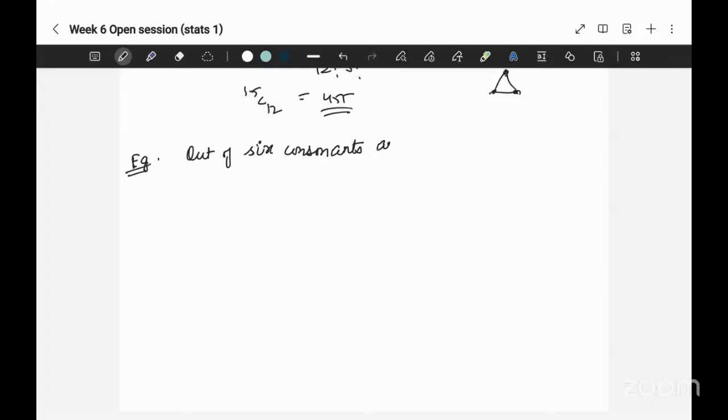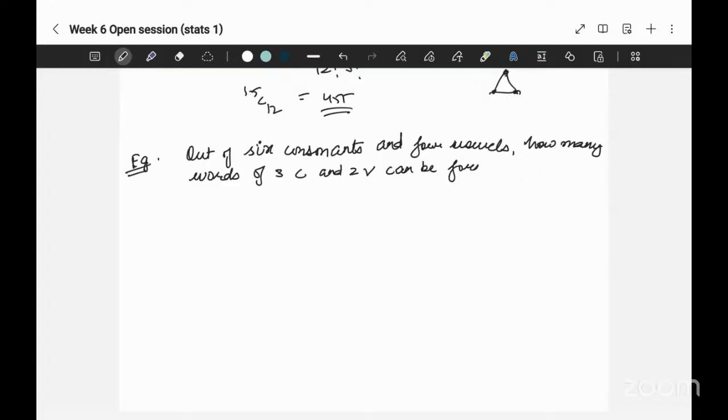Out of 6 consonants and 4 vowels, how many words of 3 consonants and 2 vowels can be formed? Let me know the answers.